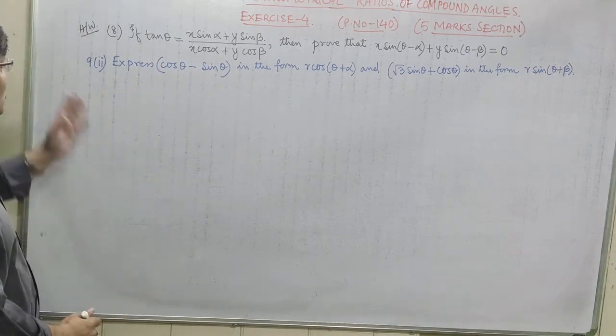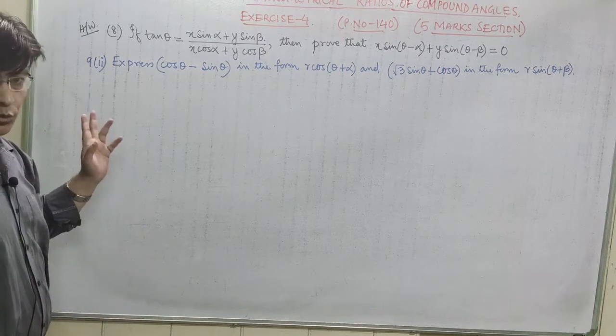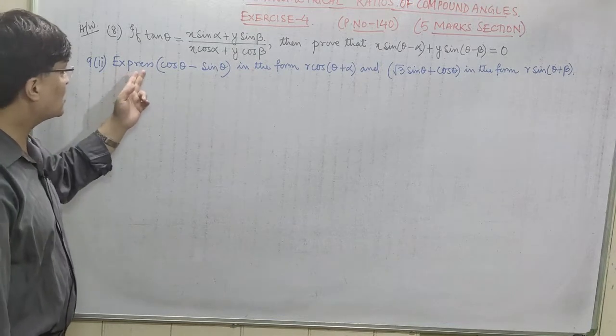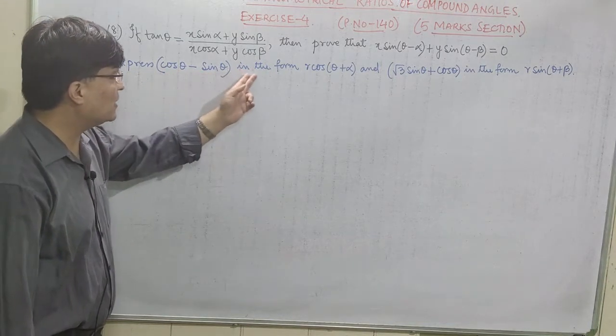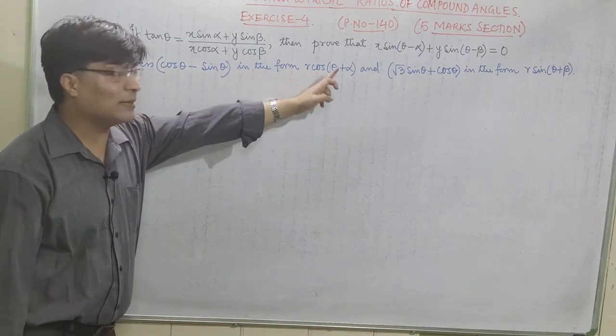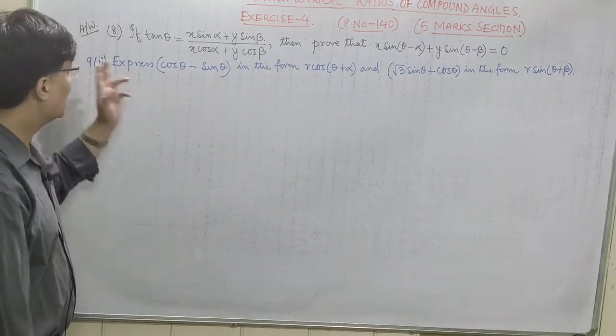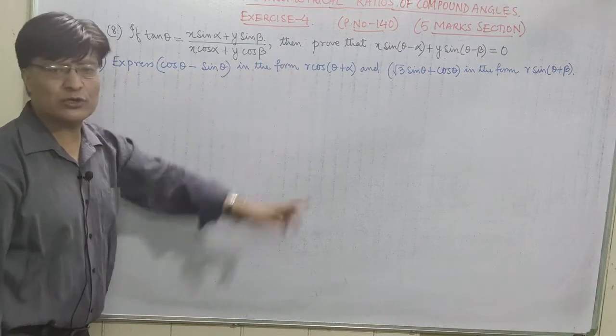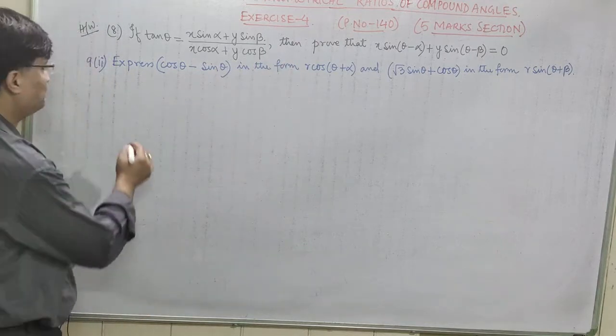Okay, so let's do this question number 9, number 2. Right, let's do this first now. You have to express cos theta minus sin theta in the form r cos of theta plus alpha.